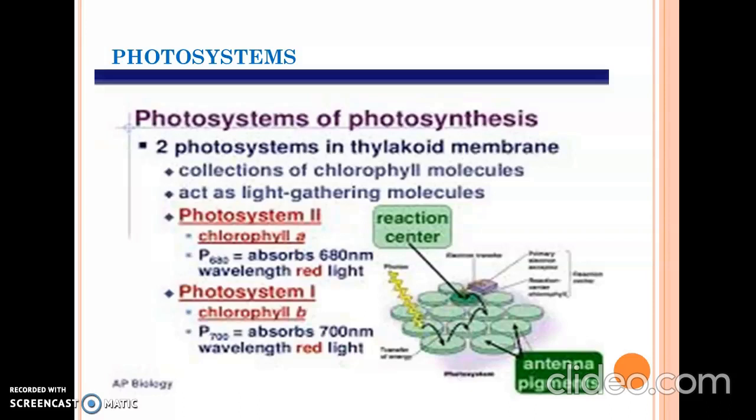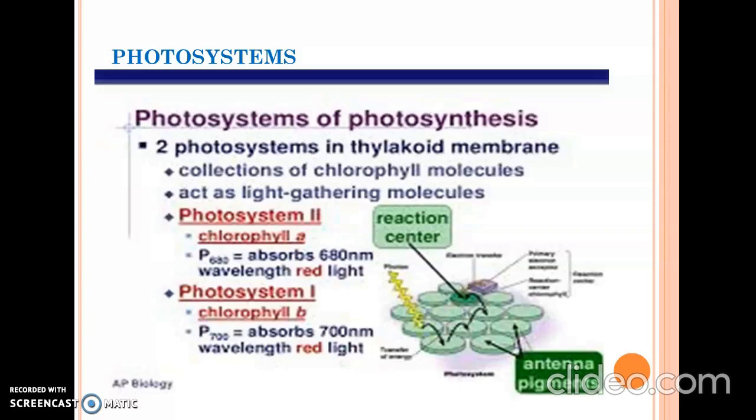In the case of photosystem 1, at the center you have a chlorophyll, and it's surrounded by a number of other pigments like carotenoids, xanthophylls and so on. In photosystem 1, chlorophyll B is at the center and it absorbs the 700 nanometer wavelength of light, that is the red light.